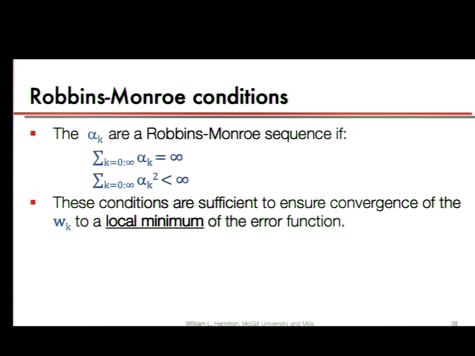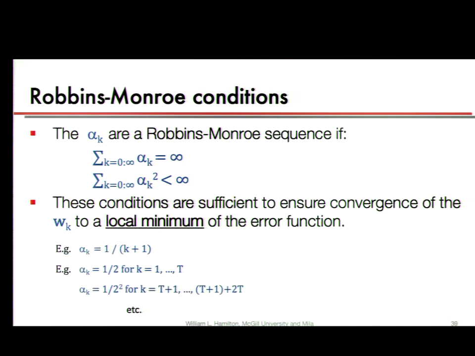The first assumption is that if we take the infinite sequence of these alpha k, and it's important to note that alpha can depend on k, so alpha can get smaller as k gets larger, we need the sum of these as we go to infinity to be infinite, but the sum of their squared values to be a finite value.